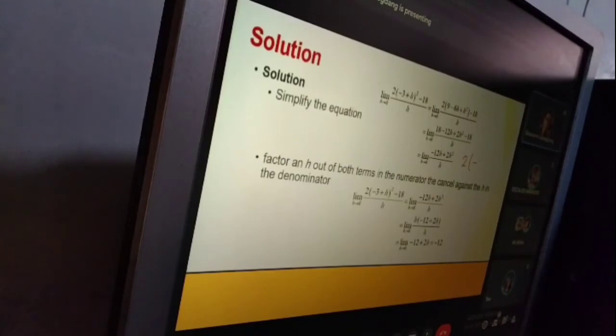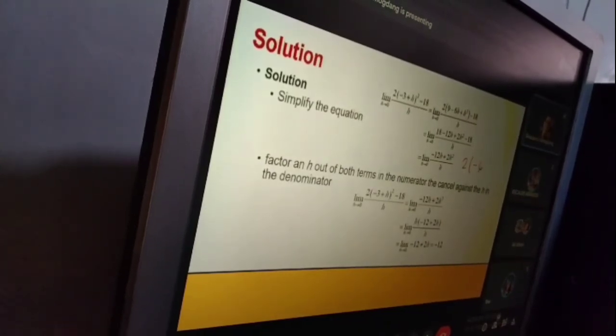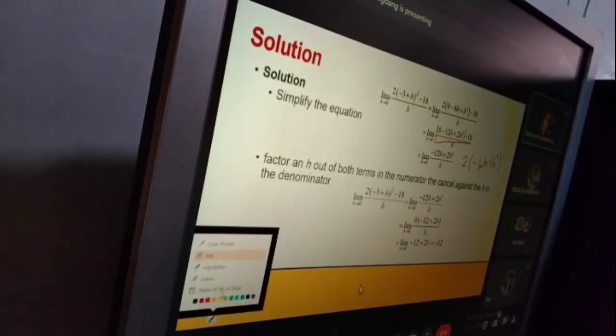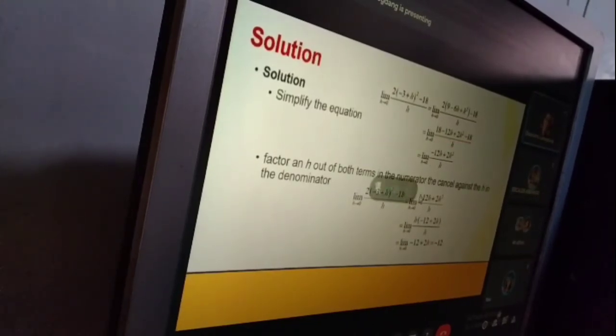Ang matitira sa loob ay negative 6h plus h squared. Rewriting lang yan, ika nga. Ito siya nagiging ganito. Ang tanong niya ay bakit nagiging ganito siya.